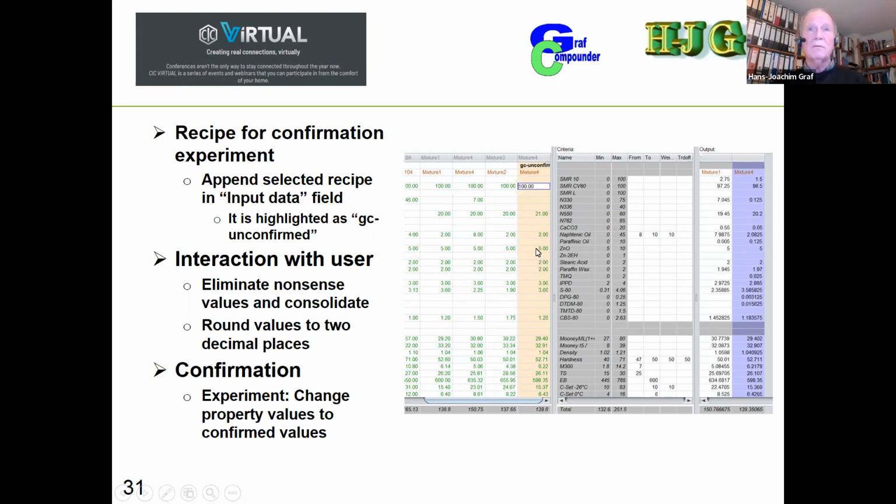And what I want now, and that is your knowledge, is to go ingredient by ingredient and eliminate nonsense ingredients or ingredient combinations. You see here, for example, in this example, there's a little bit of natural rubber 10 and there's a little bit of natural rubber CV60, or the majority, and that is obviously nonsense. But the computer cannot think the way we think, so it is just calculating something. So you need to correct that, and you should do that.